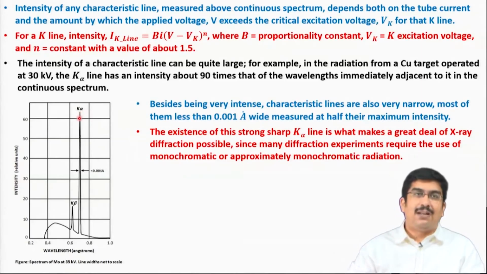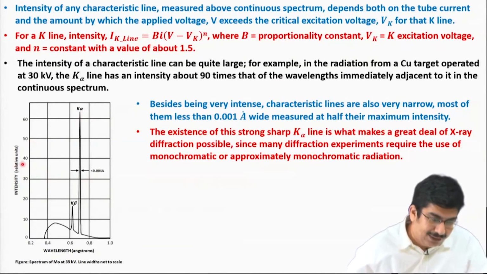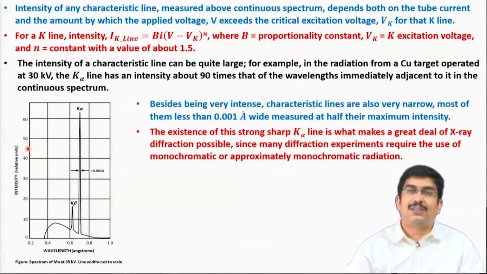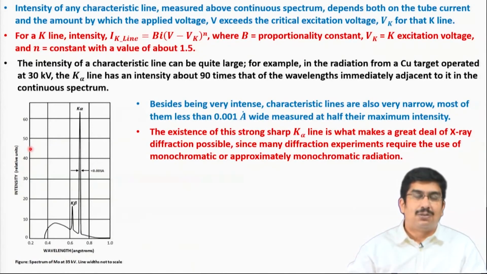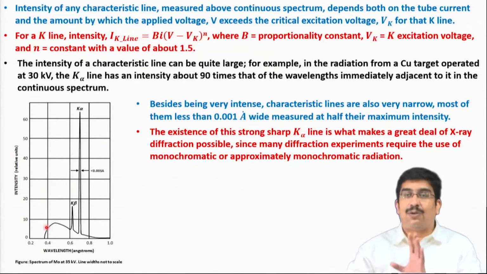If we take the intensity as counts per second, it is around that. It is a relative unit, usually expressed as X-ray photon counts per second. So this is almost 6 times, or even 12 or 15 times, the maximum in the continuous spectrum.